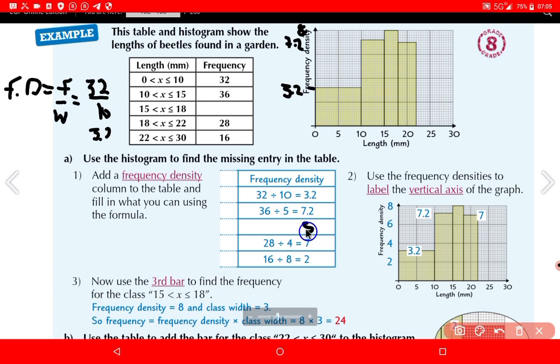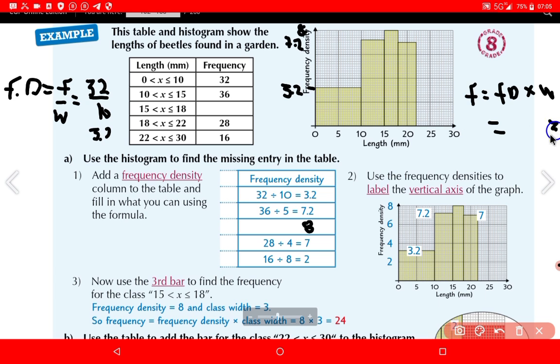Now you can find the frequency. You say that frequency is equal to frequency density multiplied by the width. So the width here, you get it from here, 18 minus 5, that is 3.